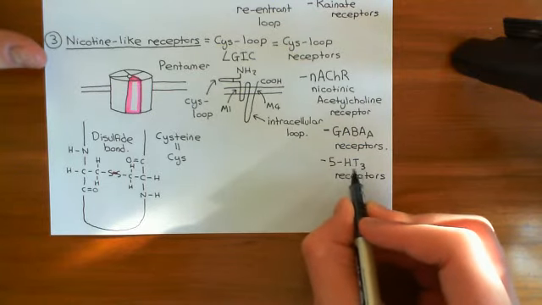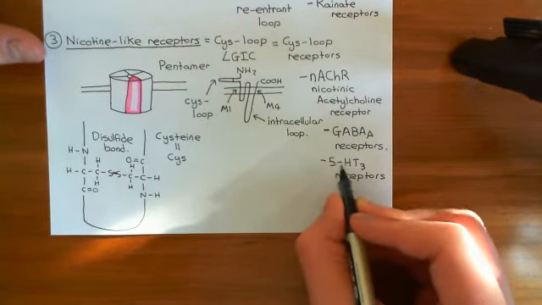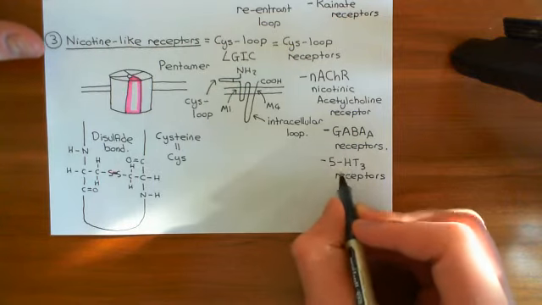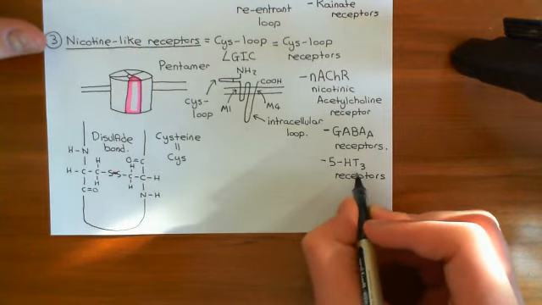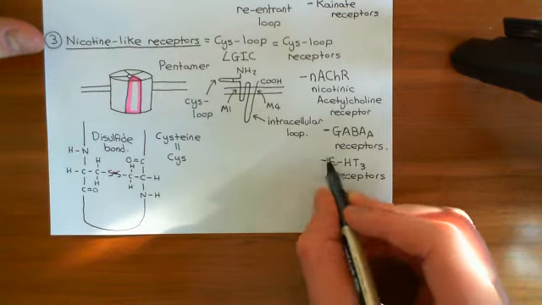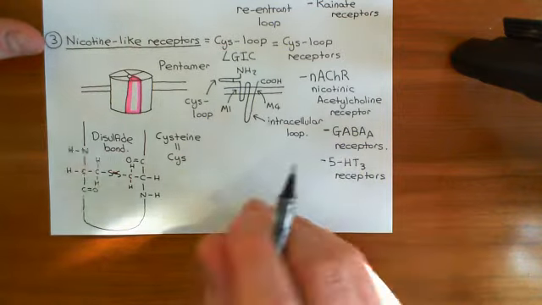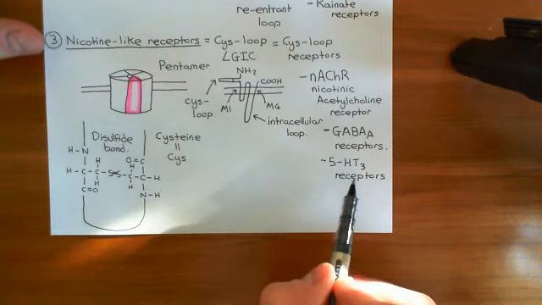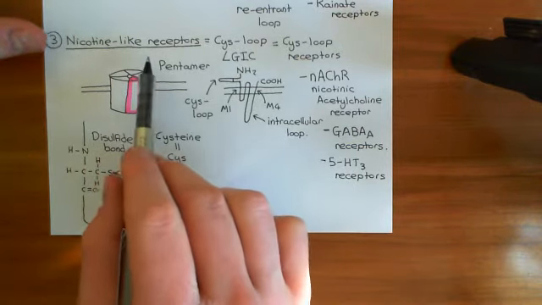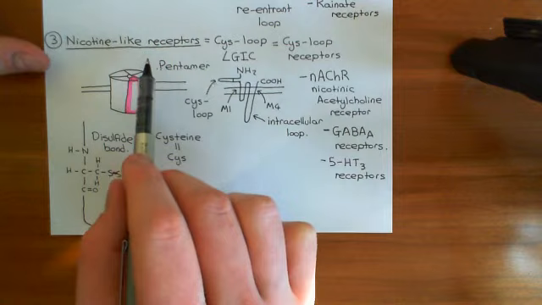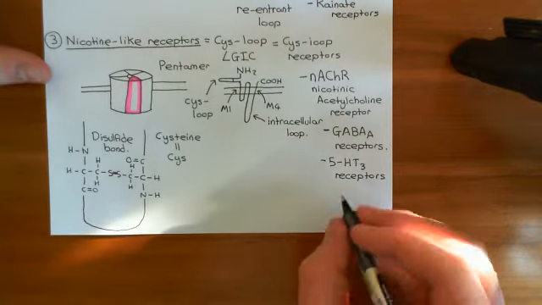Now, most receptors for serotonin, which is also called 5-hydroxytryptamine, or 5-HT, are G-protein coupled receptors. Okay, but the 5-HT3 family of receptors are ligand-gated ion channels, and again, these are ligand-gated ion channels that are within this family of nicotine-like receptors ligand-gated ion channels.